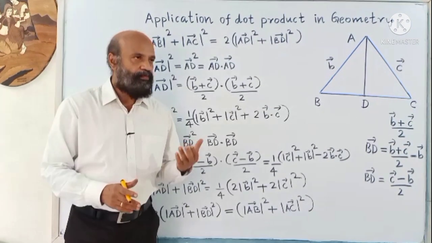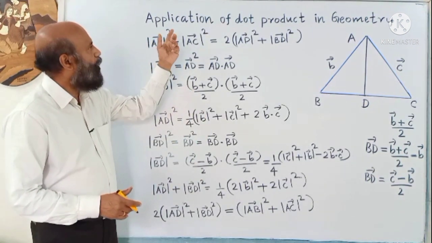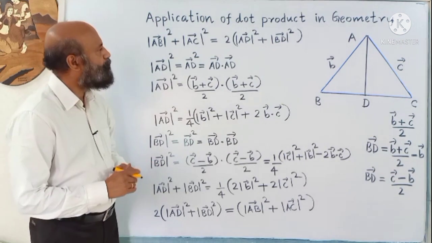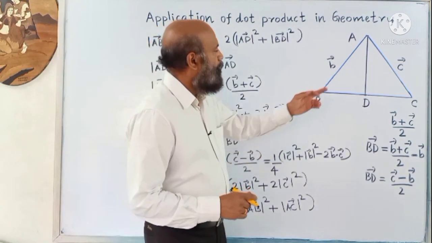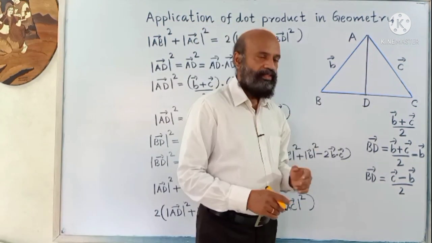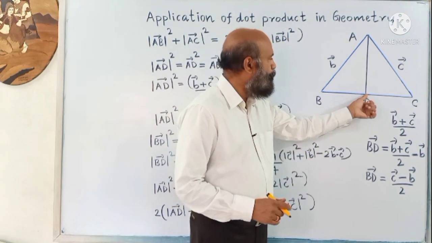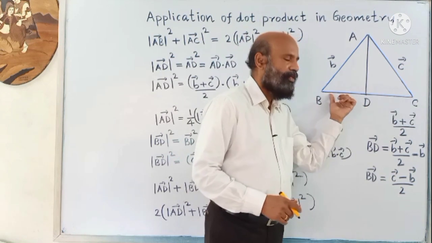In this video, I am going to explain one application of dot product in geometry. ABC is a triangle and D is the midpoint of BC.